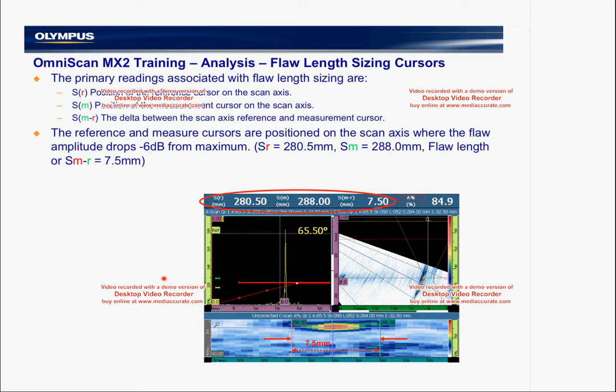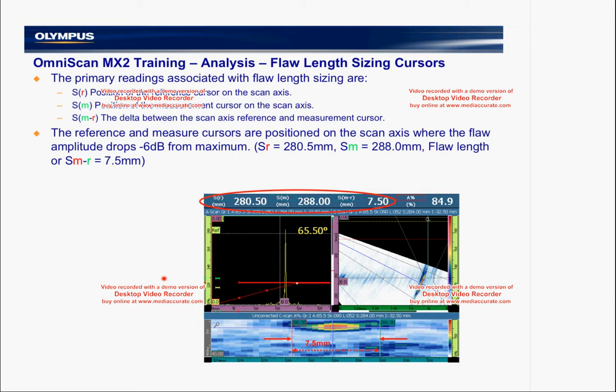We can give some fairly general answers, but with your procedure, based on your particular weld, bevel, and weld process, with the benefit of some qualification samples and some destructive testing of your sizing technique, those basic amplitude drop or rapid sizing techniques can be refined to dramatically improve the accuracy.